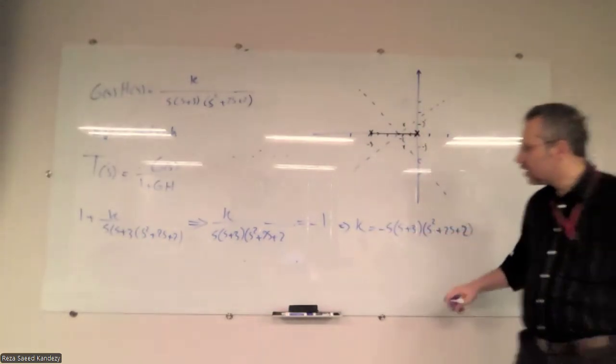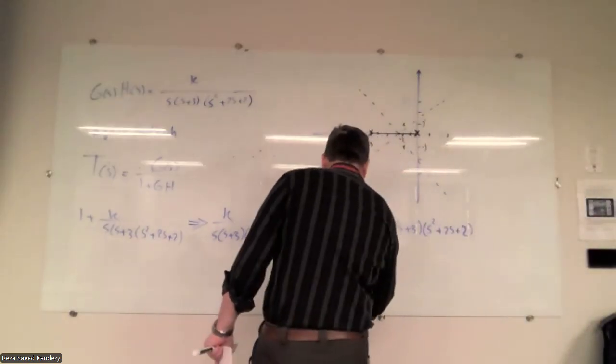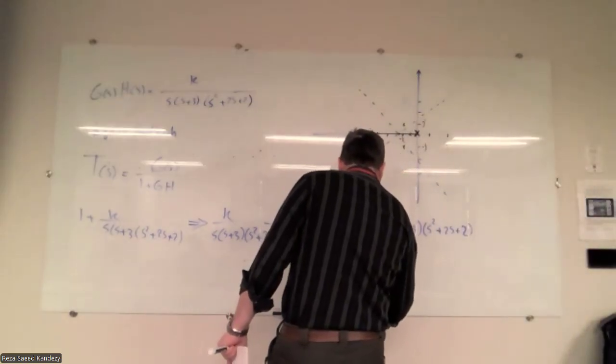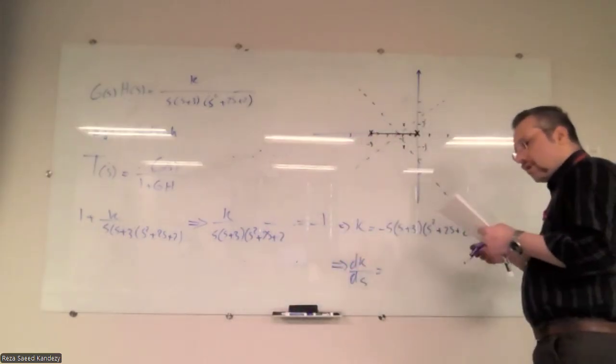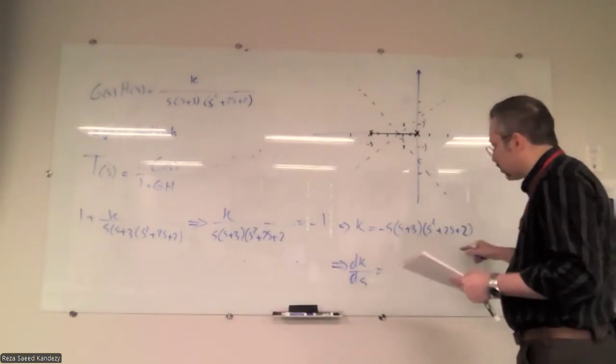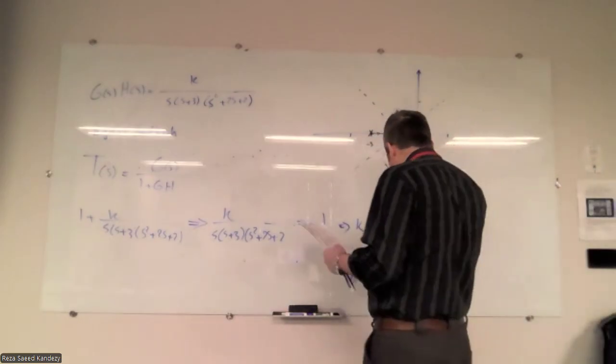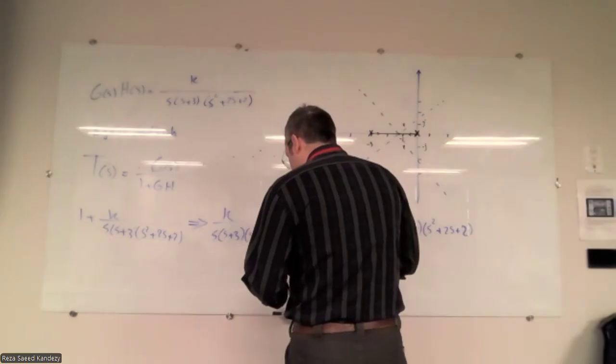Taking a derivative, the derivative of k with respect to s, you need to do all the multiplication to find the actual k like a standard equation.